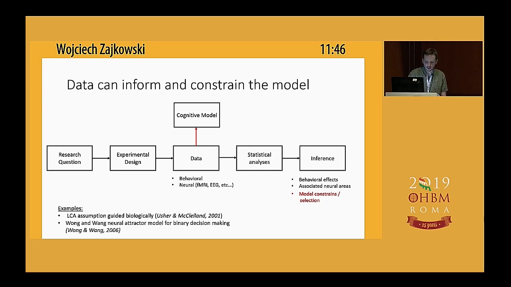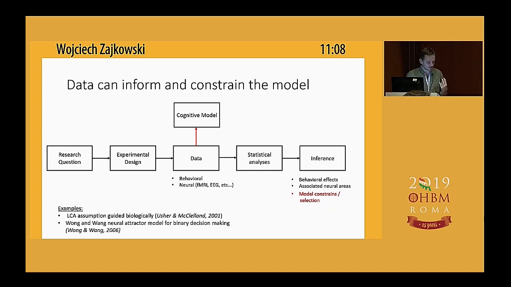For example, we can make some biologically or neurally guided assumptions about our model, which constrain the model. A classic example would be the leaky competing accumulator model, which assumes that neural firings cannot be negative, obviously, which then constrains the model, meaning some of the model parameters cannot take negative values, and it has other constraints too.